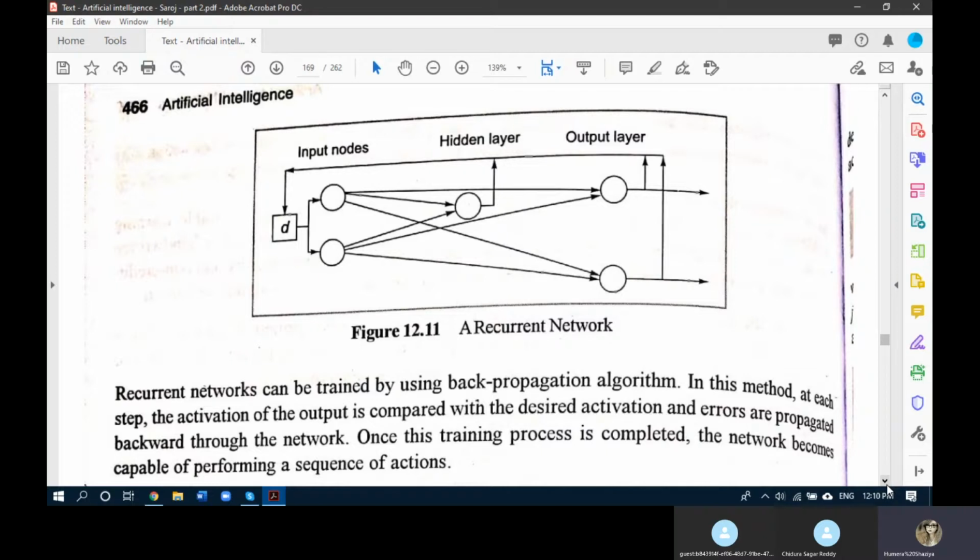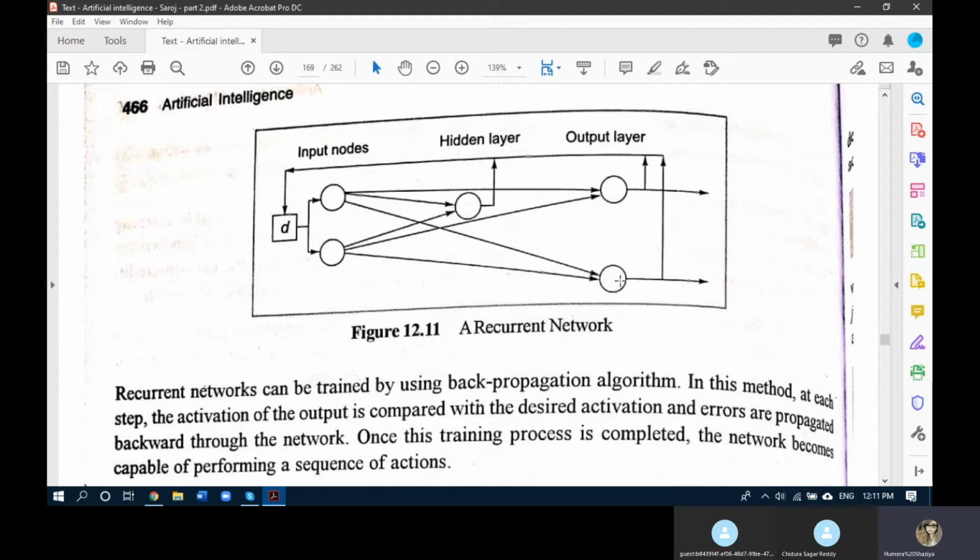This algorithm is used in feed forward networks as well for the training purpose. However, back propagation and recurrent are entirely different.